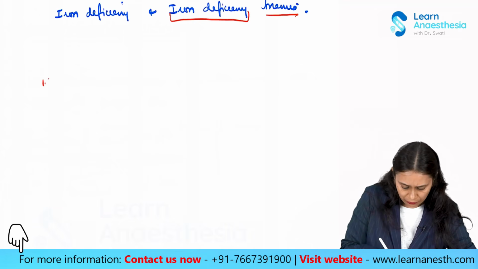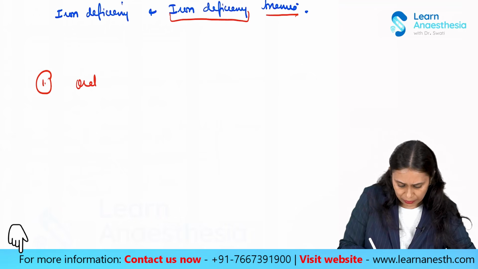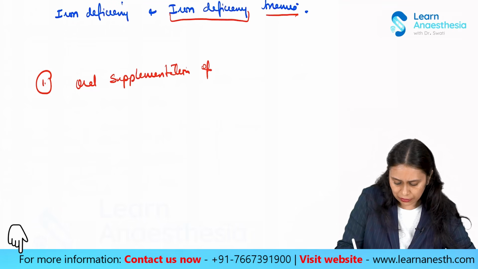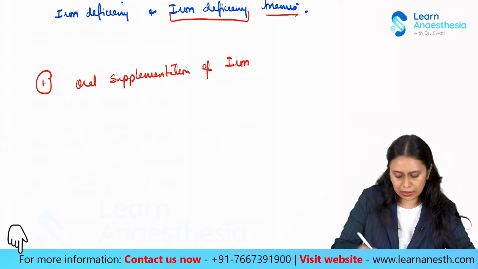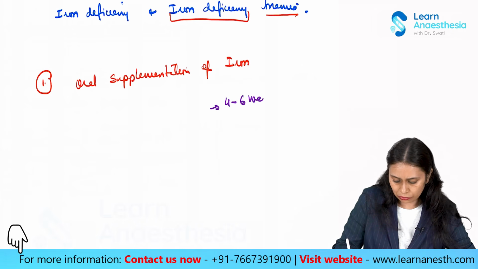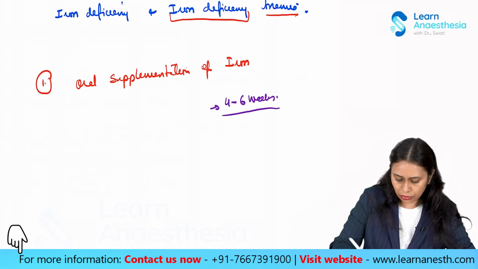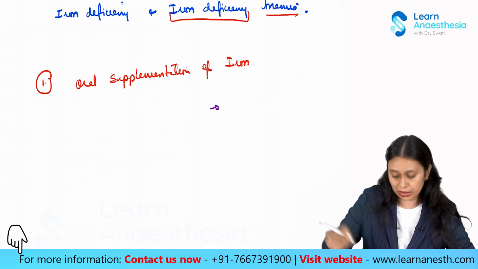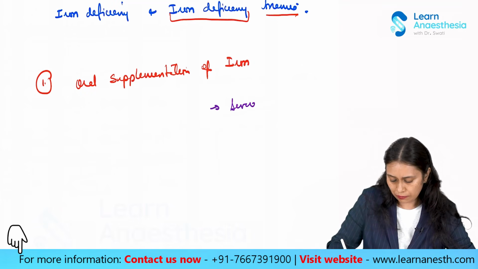What is the treatment? How can we treat iron deficiency anemia? Number one, we can go for oral supplementation of iron. Now, this will definitely take time; not 4 to 6 weeks, sorry, several months actually, for the iron store to get repleted, right?